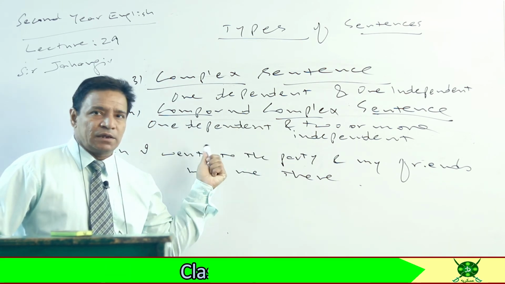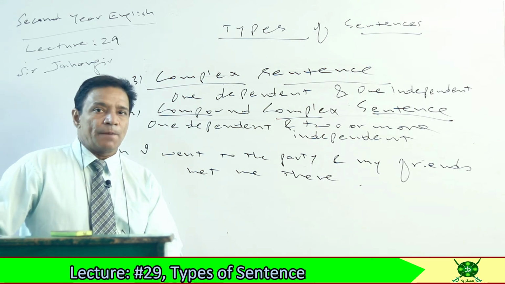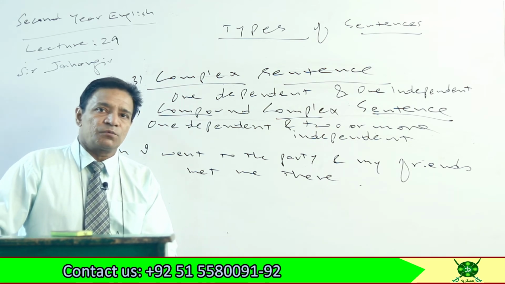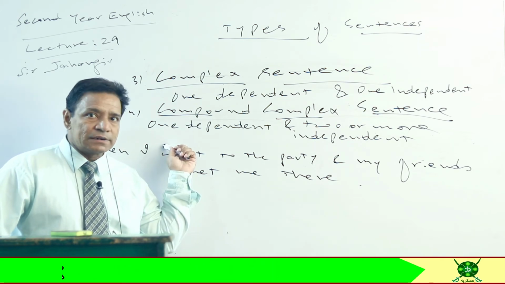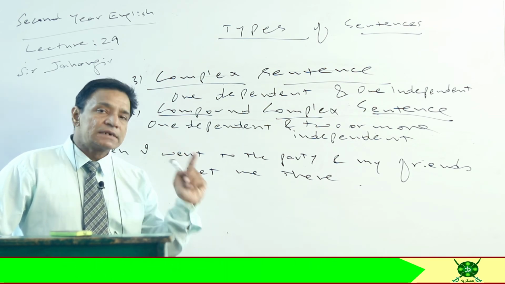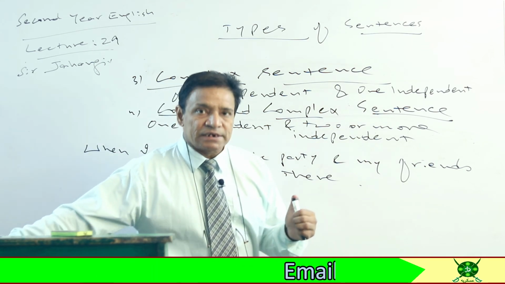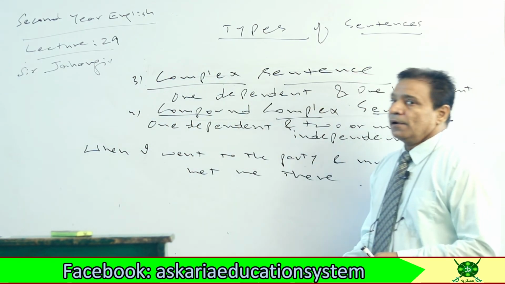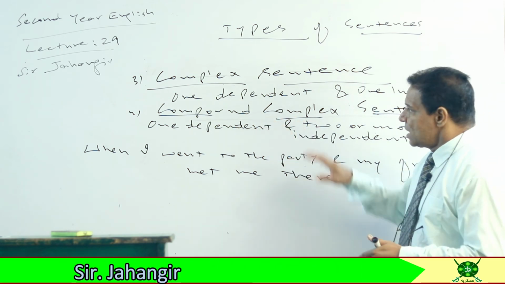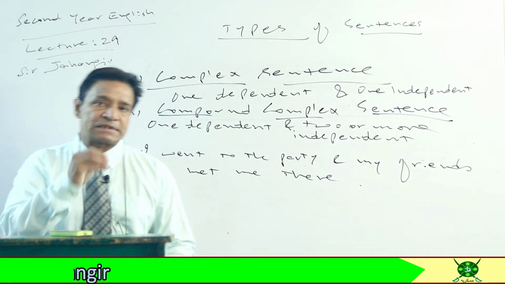This is the main thing. If you want to know how impressive your written skill is, you know, language has four skills: listening, speaking, reading and writing. So if you want to see how impressive your written skill is, you just see how good you are at writing compound complex sentences.